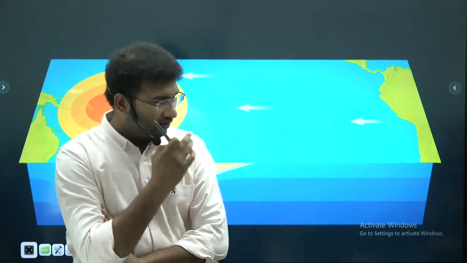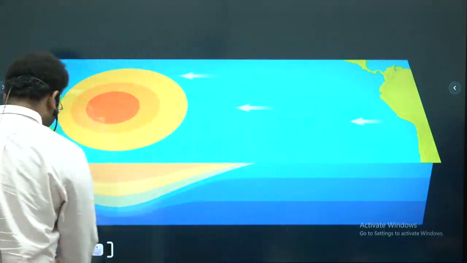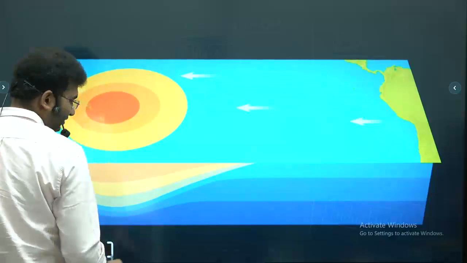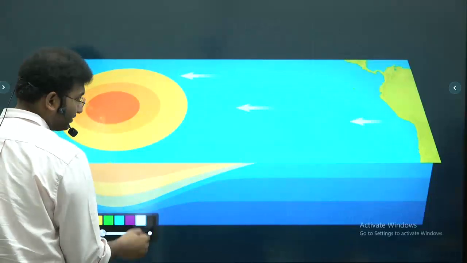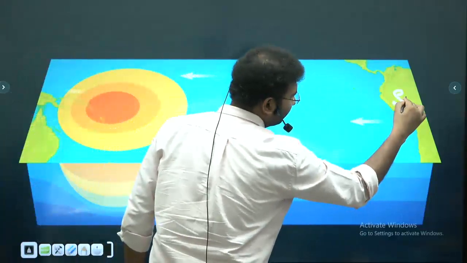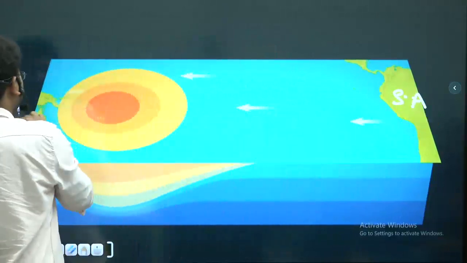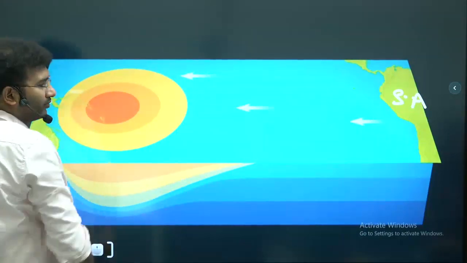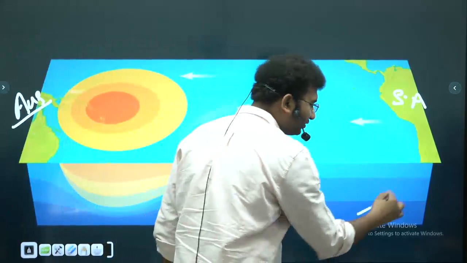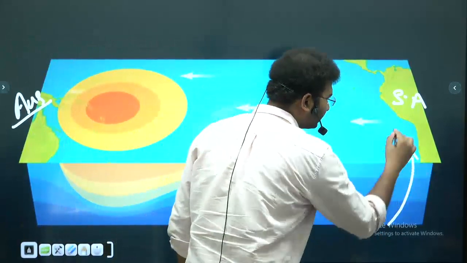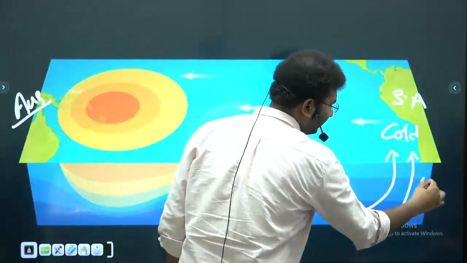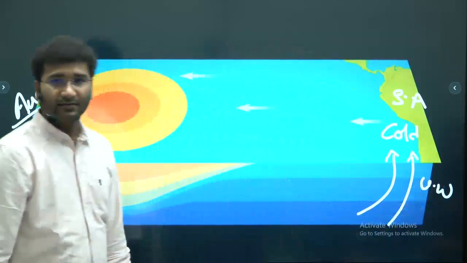So, don't you think, if suppose you imagine this is your South America and this is your Australia. In the normal times, what kind of water did you have? This is cold water and upwelling, right?